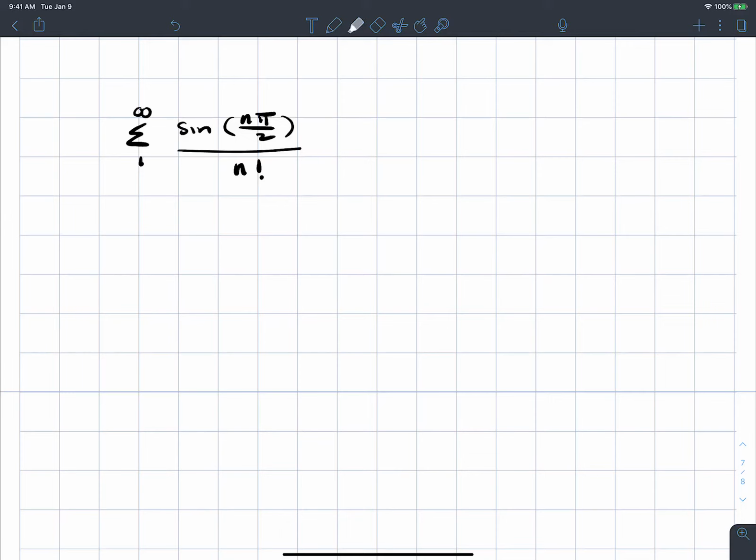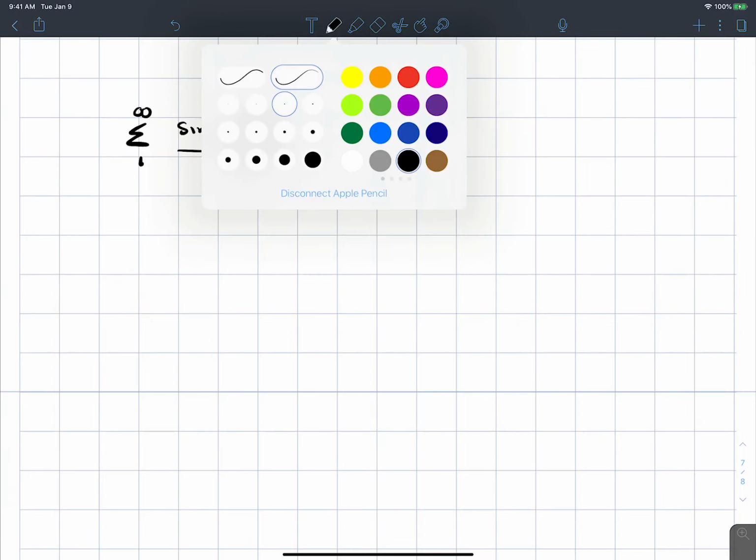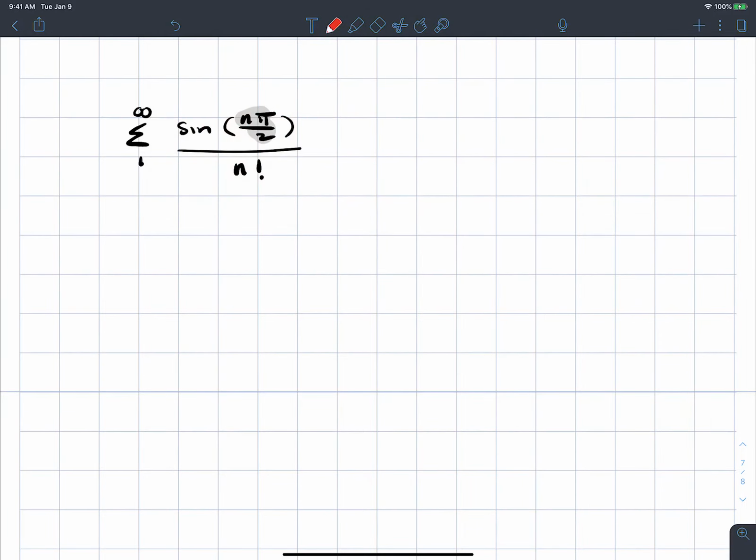And I want to say something. This is kind of special in a way. You're going to have to consider, is that an alternating mechanism? Right? Is that alternating? Not sure. Let's take a look at this one.